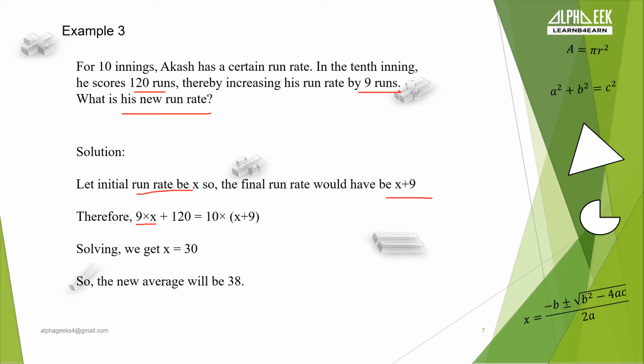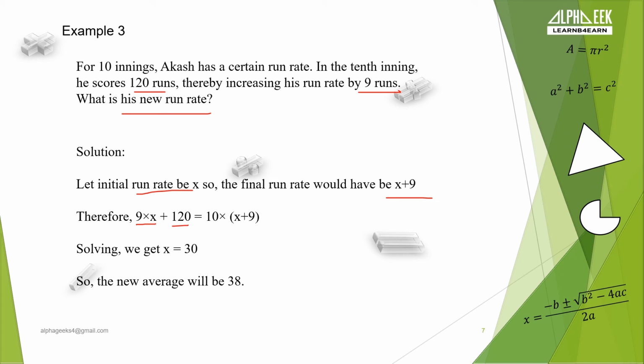The average run rate is x, and there are 9 innings, so the sum of all the runs till the 9th inning will be 9 into x, plus the runs of the 10th inning, which is 120, given in the question. So this will be the sum of all the runs till the 10th inning, correct? And we also know that the average run rate after the 10th inning was x plus 9.